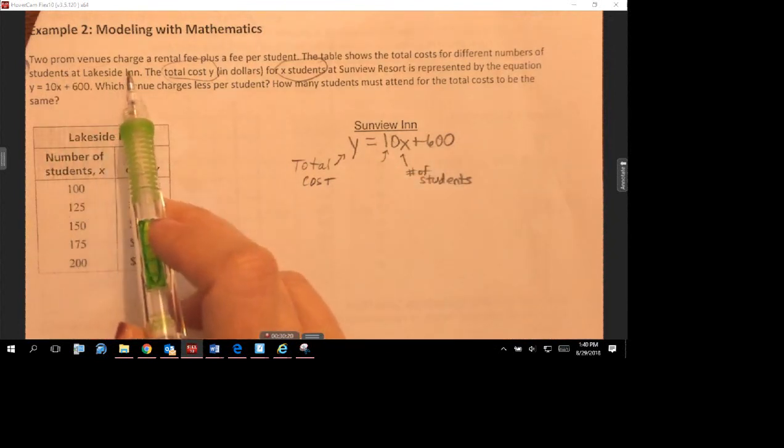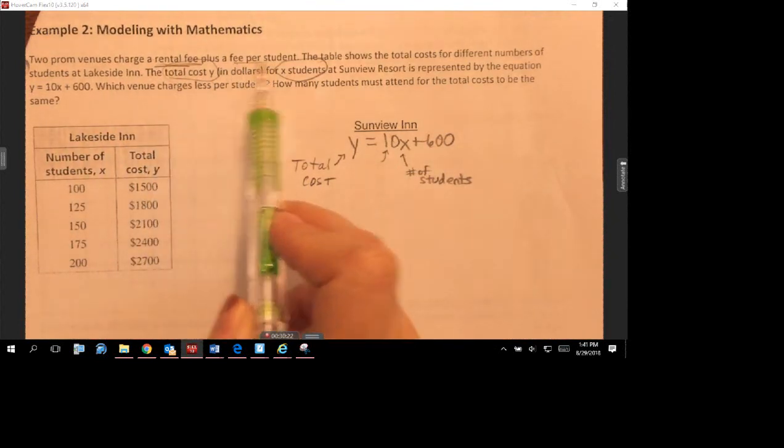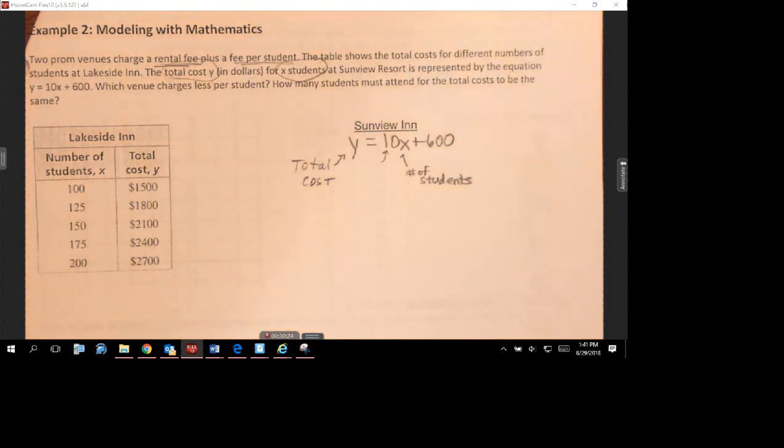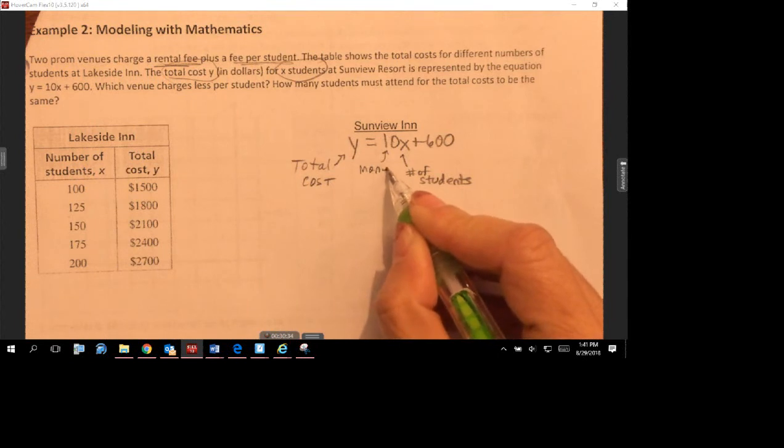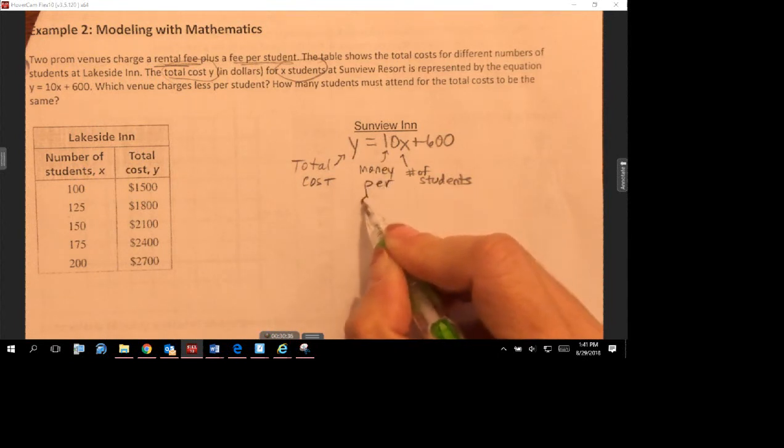Two prom venues charge a rental fee plus a fee per student. x is the number of students. What's 10? That's the fee per student. That is money per student.